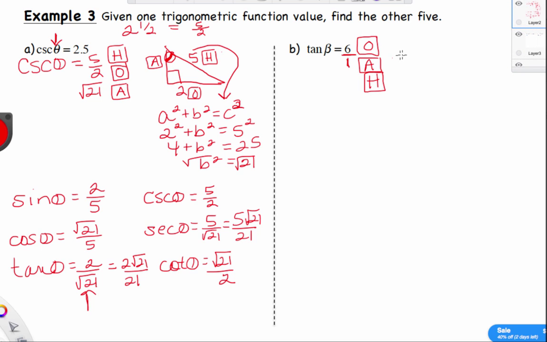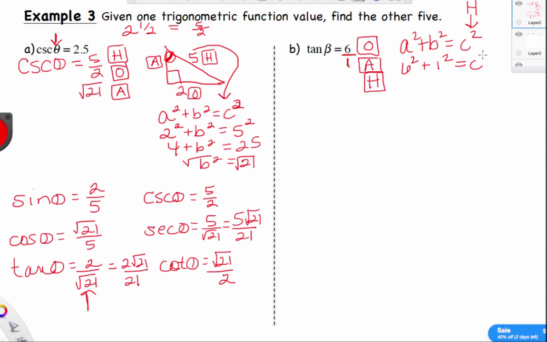All right, so Pythagorean theorem is a squared plus b squared is equal to c squared. The hypotenuse is going to always go in for C, and we don't actually have anything to sub in. We actually have the A and B legs of our right triangle. So put the 6 and the 1 in either position.